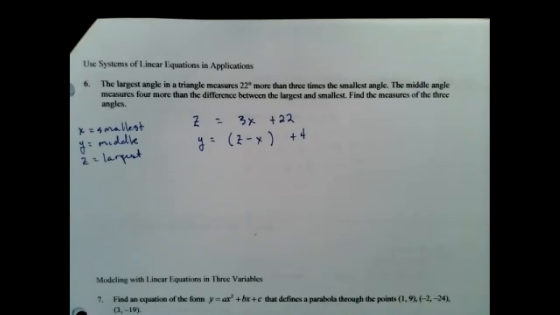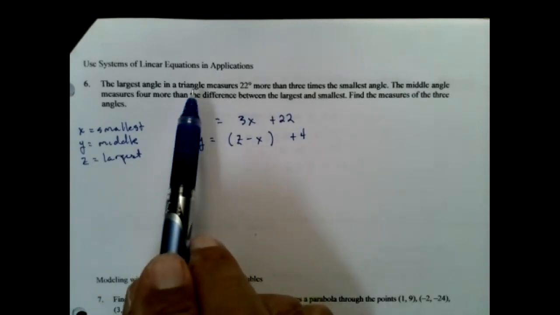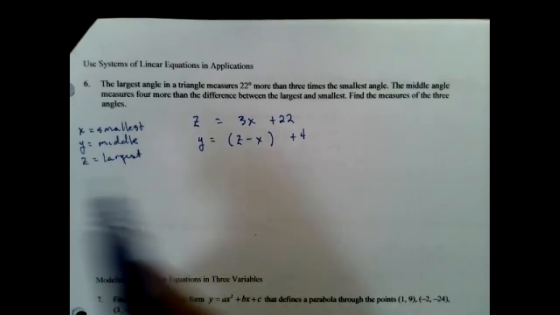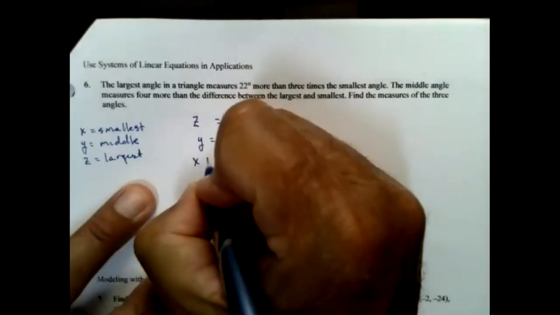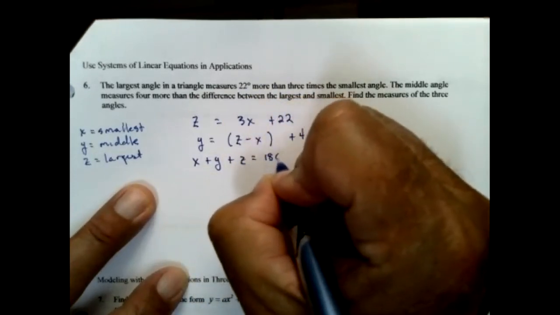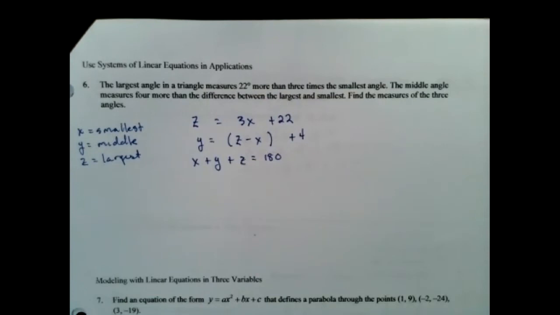All right, so let's see, what am I dealing with? The sixth word in here says triangle. If I have 3 angles of a triangle, x plus y plus z equals 180. Ta-da! I'm going to pause the recording and let y'all get a rip at this, see what we can come up with.